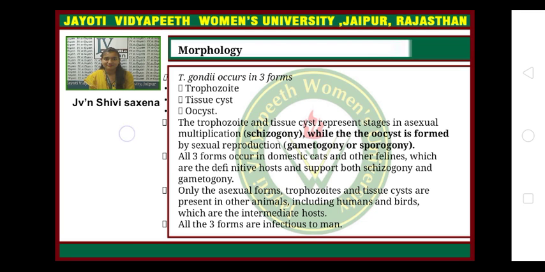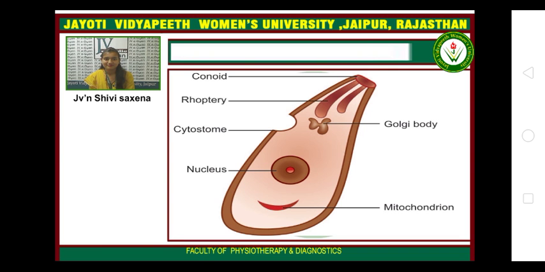First, trophozoites. The trophozoite is crescent shaped with one end pointed and the other end rounded. It measures 3 to 7 micrometers in length.